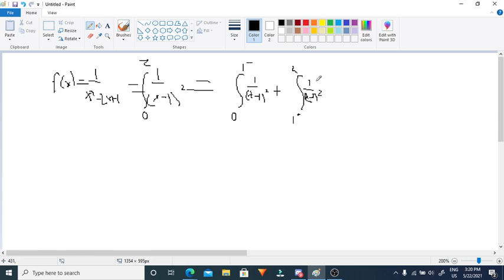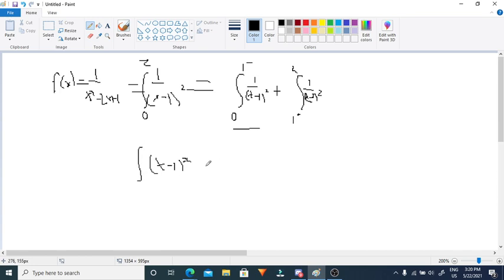So in order to prove that this is divergent, either one of these can be divergent. If one of them is convergent and the other one's divergent, it's still divergent. So let's start with just this first one. When we do this integral, this is the same as x minus 1 to the negative 2, which when we take the integral, we're doing the reverse power rule.